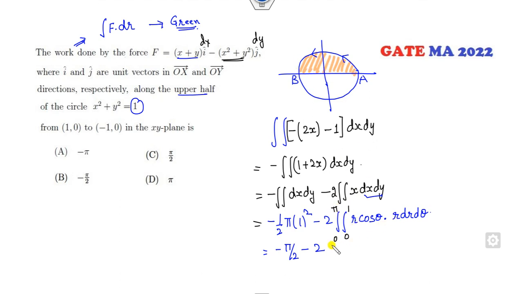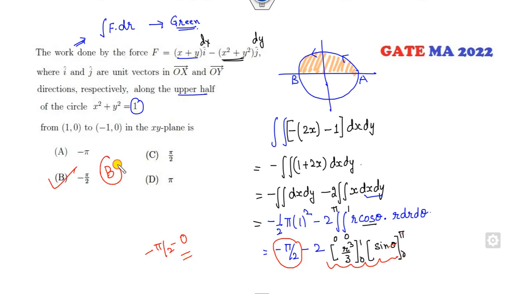It's r squared; the integration of r squared is r cubed over 3, from 0 to 1. The integration of cos is sine from 0 to pi. Now clearly, sine pi is 0 and sine 0 is 0, so this value becomes 0. So the only answer is minus pi by 2 minus 0, which is minus pi over 2, the right answer of this problem.